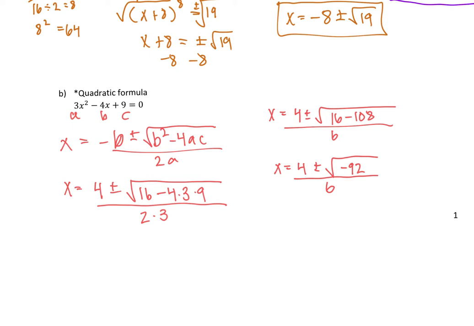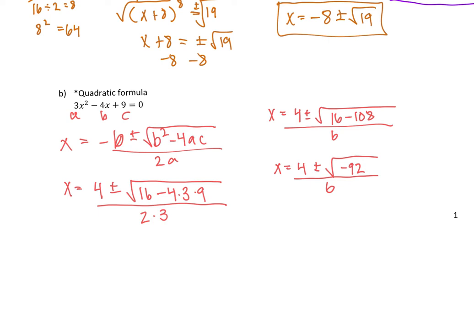Now on the last test, I saw a problem that I really didn't like. Students tried to cancel this 4 and the 6 right here without canceling both of the terms. So in order to cancel, every term has to be able to cancel.